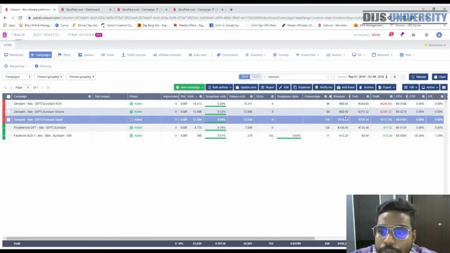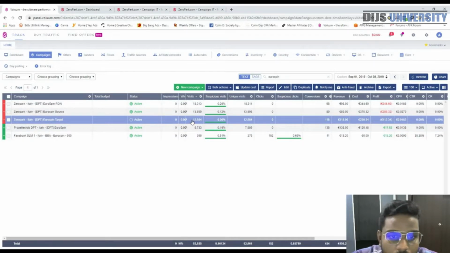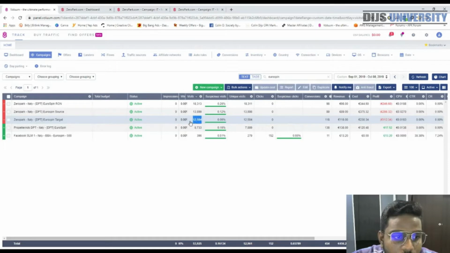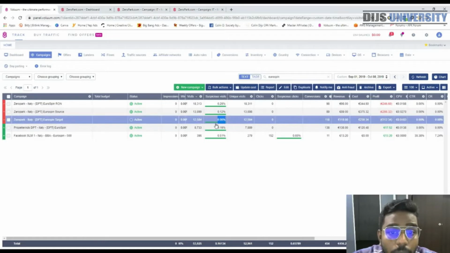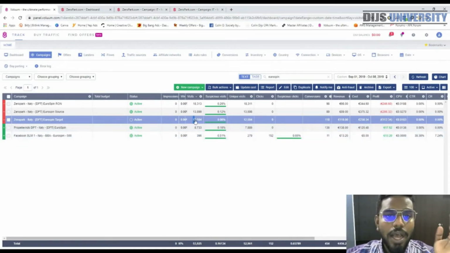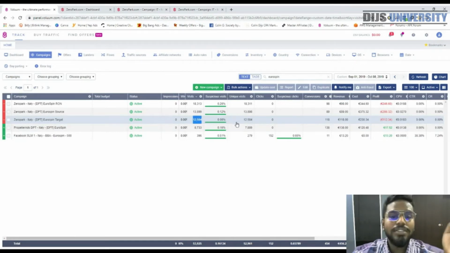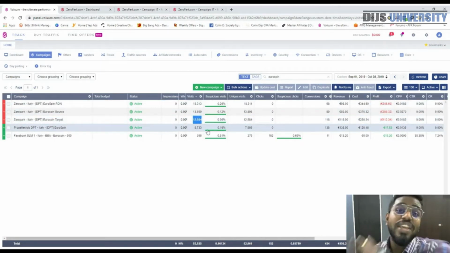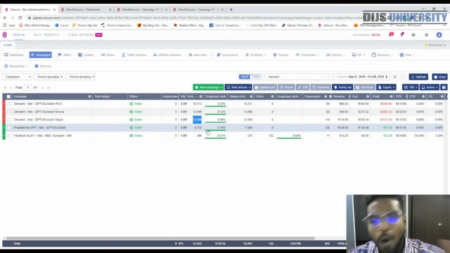As you can see, for the Eurospin target we had 12,584 impressions. Suspicious visit was very low, 0.06%. I've already explained what the visit, the suspicious visit as well as the unique visit are, but I'll explain it again very simply, guys. The visit is the total visit that we get in this particular campaign, and the suspicious visit is usually the crawlers, the bots and all this stuff.